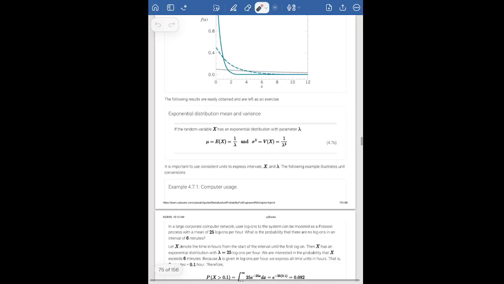The following results are easily obtained and left as an exercise: this is the mean, and this is the variance. You take the square root of this and you get the standard deviation, which again is going to be 1 over lambda. Interesting.